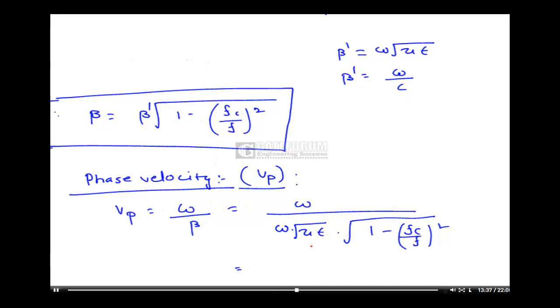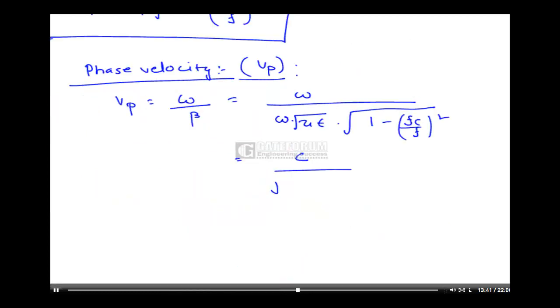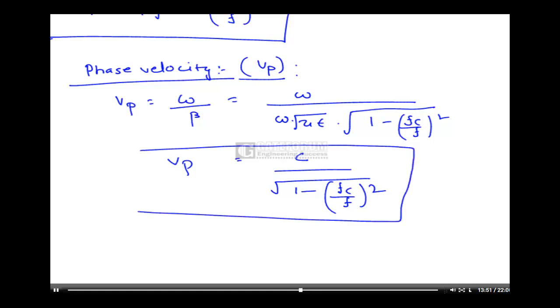1 by square root of mu epsilon is nothing but c. So phase velocity is equal to c by square root of 1 minus (fc by f) whole square.